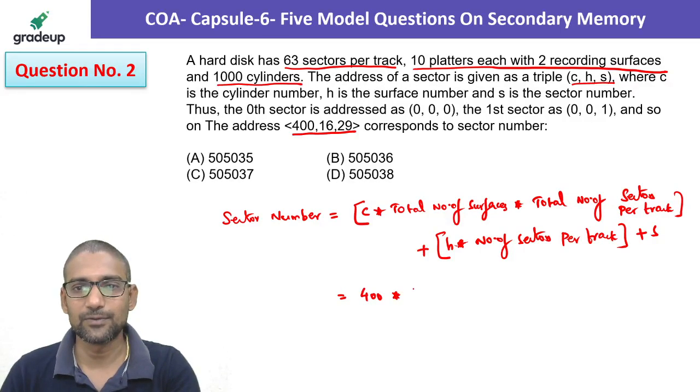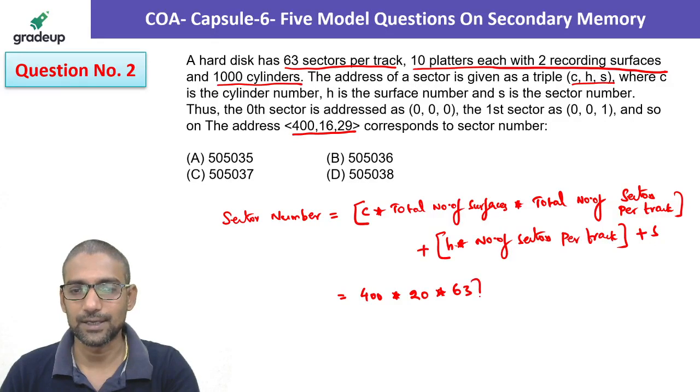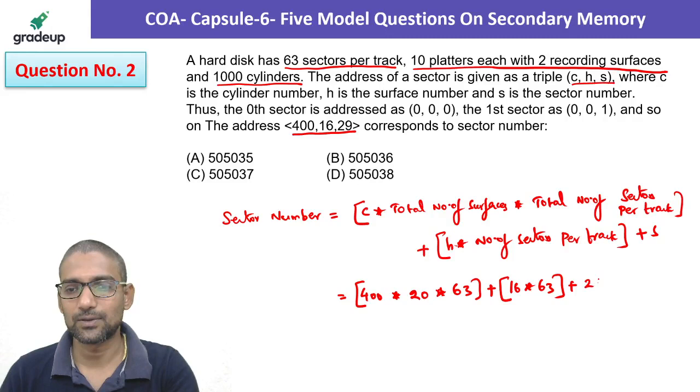How many surfaces are there? 10 platters, each with 2, so 20 surfaces. How many sectors per track? 63, plus H is 16 into 63, plus 29.